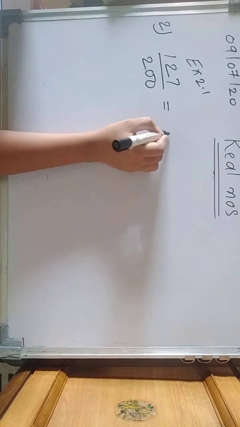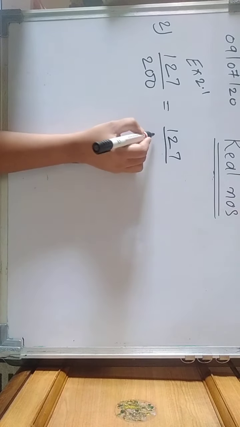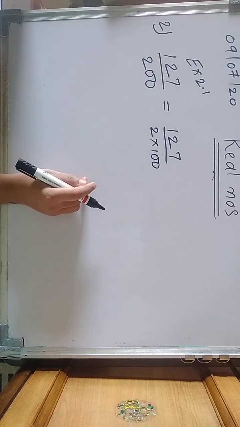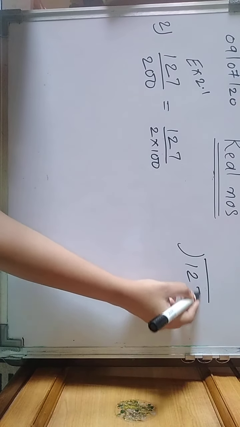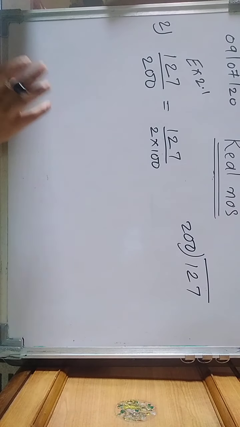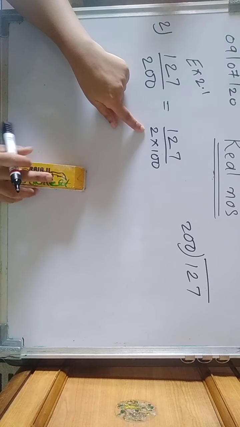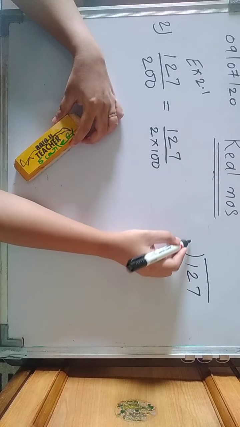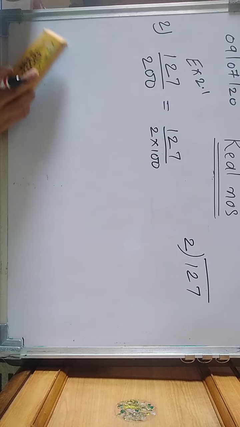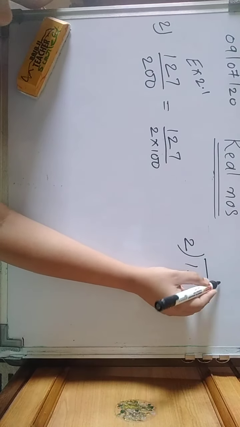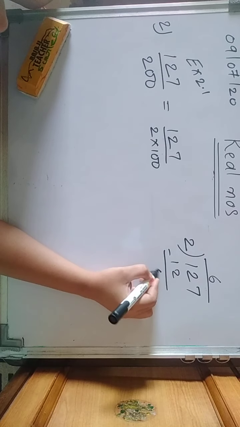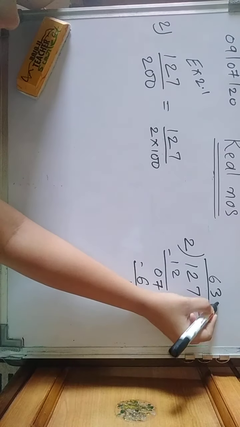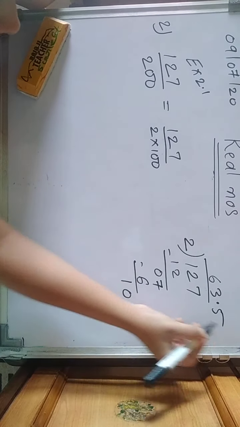So what we'll do over here is write 200 as 2 into 100. We'll do a little wise calculation over here. Instead of blindly doing 127 divided by 200, we will write 200 as 2 into 100 and we will divide only 127 by 2. 127 divided by 2. 2 6s are 12. 2 3s are 6. 2 5s are 10.